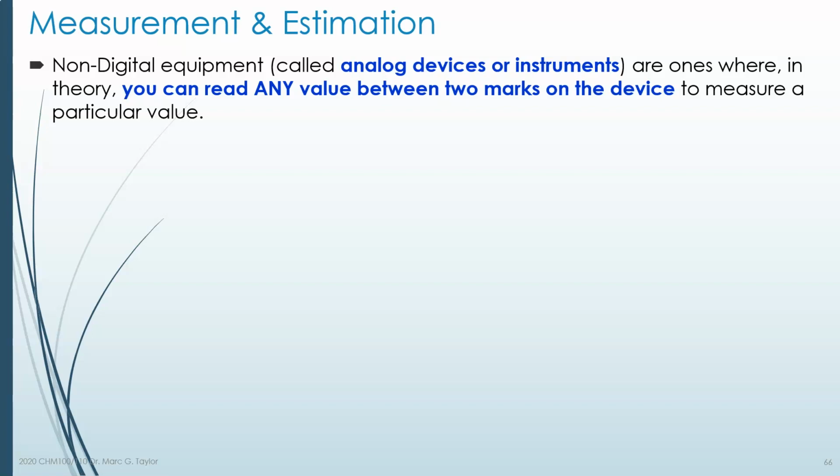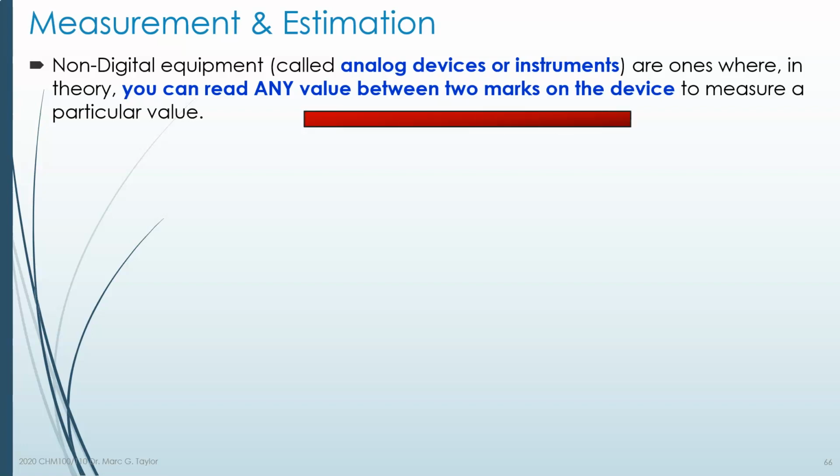We also have non-digital equipment known as analog devices or analog instruments. And these are ones in theory where you could read any value between two different marks that are marked on the device itself to measure a particular value.